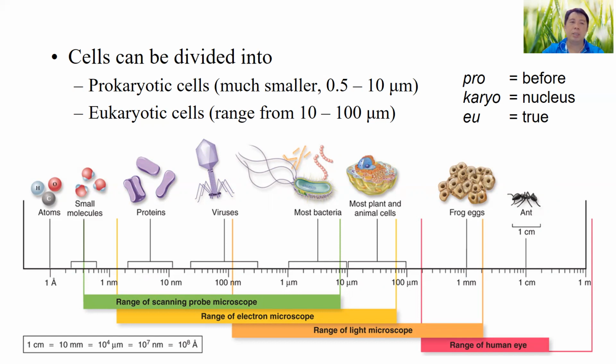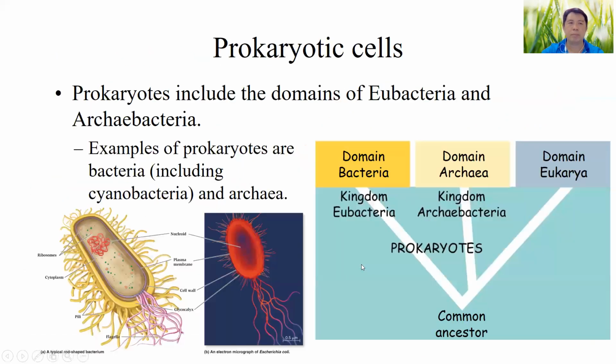That means the prokaryotic cells have no nucleus, while eu means true, so eukaryotic cells have a true nucleus. So from here we can see the range of the prokaryotic cells and the eukaryotic cells. See, the sizes are quite different.